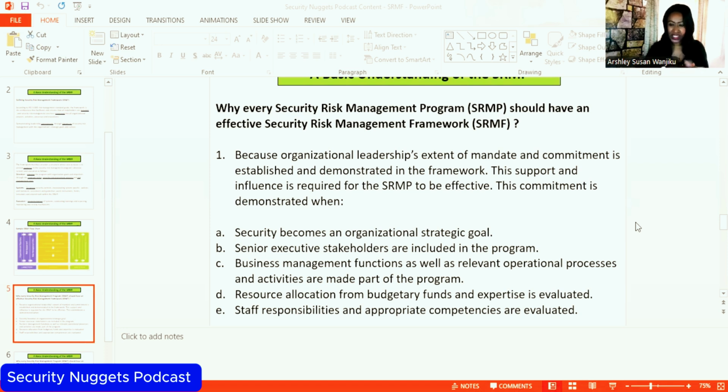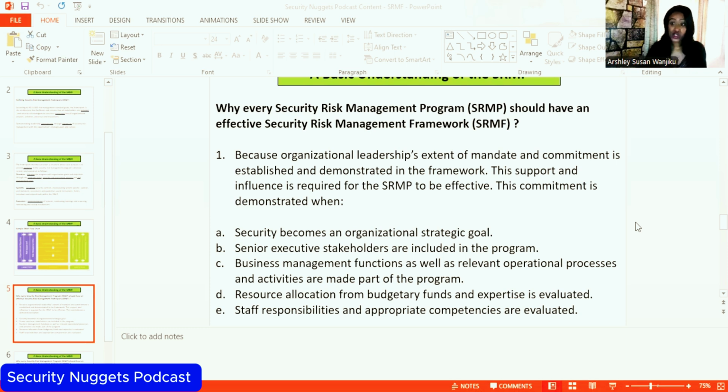What is their role? Are they inputting procedures? Are they overseeing security considerations in processes? What exactly are those staff doing? So under the framework, these responsibilities are well evaluated.